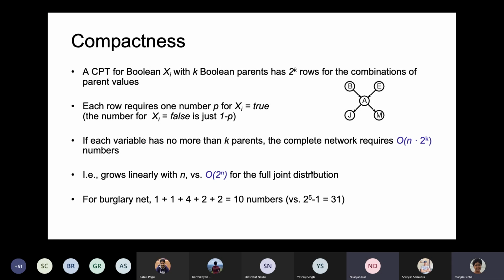Okay. So for each Boolean xi, if it has k parents, which are again Booleans, it will have 2 to the power k rows for the combinations of parent values, correct?